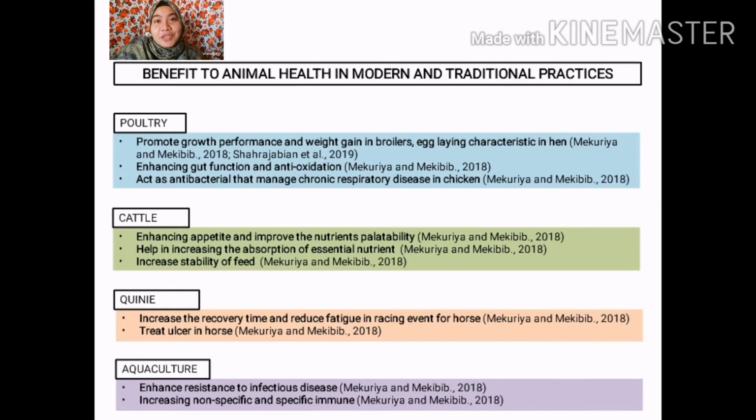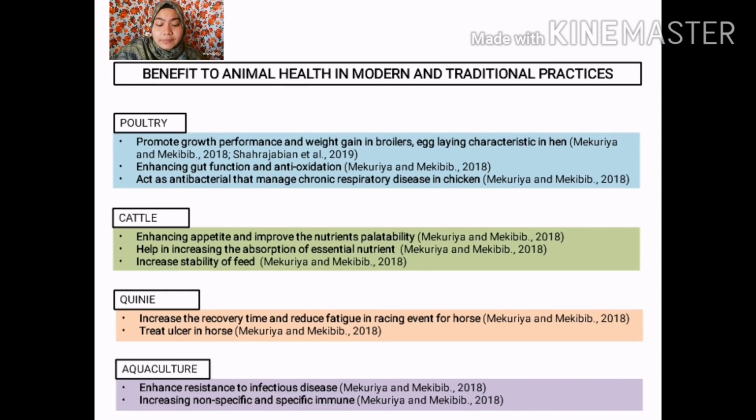And then we go to the benefits of ginger to animals. In poultry, ginger is basically used to promote the growth and weight in broiler, and it also acts as antibacterial to treat the respiratory disease in chicken.